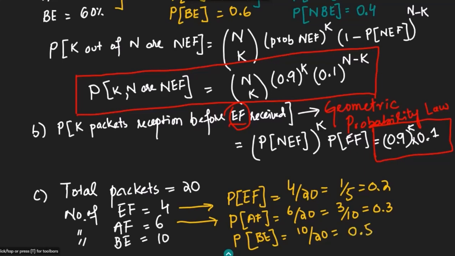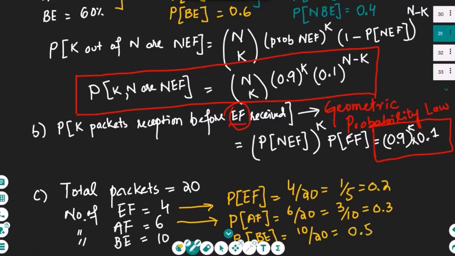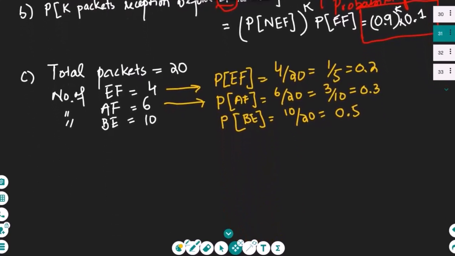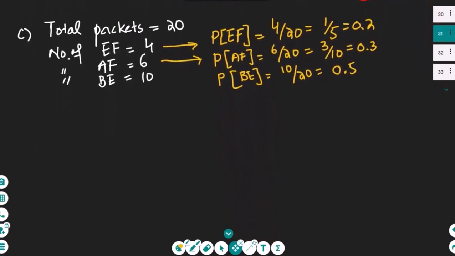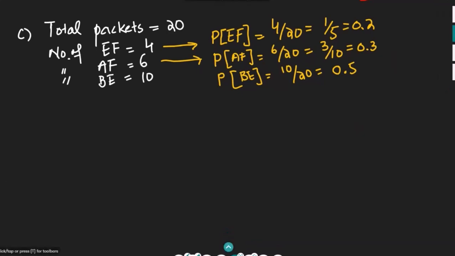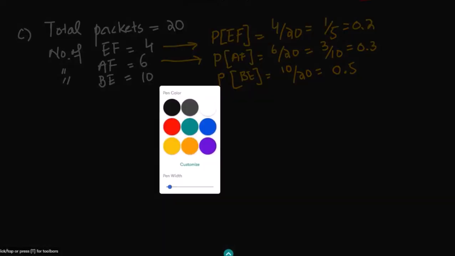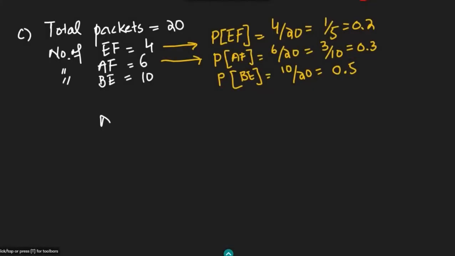These are different probabilities. Okay, so we have found them out, and clearly this is the question of what? This is the question of multinomial probability.